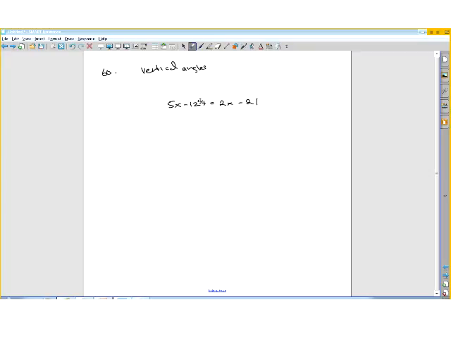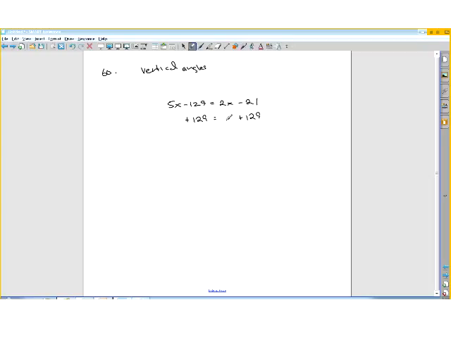And now we solve for x. So you do that by getting the x's by themselves over here and the constants by themselves over there. So to do that, we would add 129 to both sides. I'm going to put an equal sign here just to emphasize that we are doing the same thing. We have an equality here.